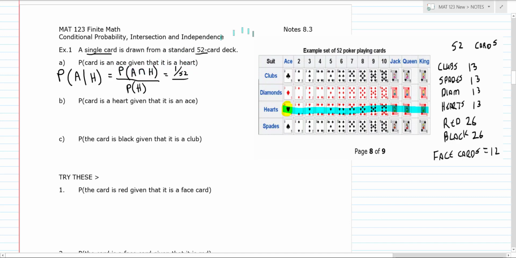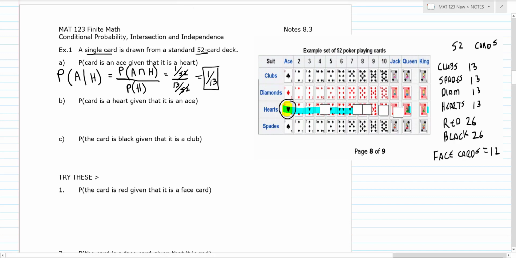You just follow the formula. So there are 13 out of 52 cards that are hearts. So you do the ace of hearts. There's only one ace of hearts, and that's the intersection between aces and hearts. And then you just do the probability of hearts. That divides out. So you end up getting a 1 out of 13 probability. That's the answer of that problem.